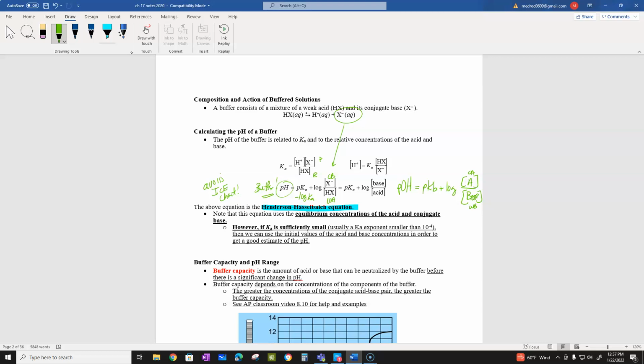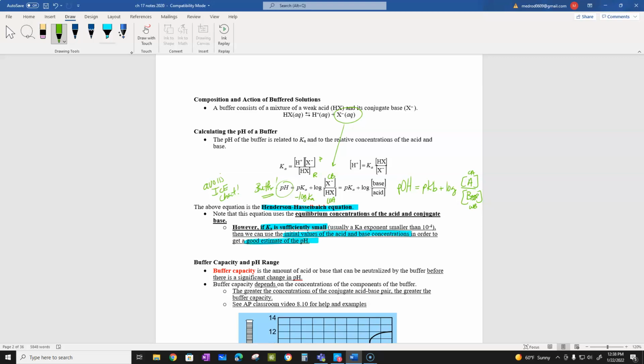If that Ka or Kb is significantly small, usually an exponent smaller than 10 to the negative 4, and by small we're talking about those large negative exponents, like negative 5, 6, 7, negative 12, whatever it is, then we can use the initial values of the acid and base concentration in order to find pH.